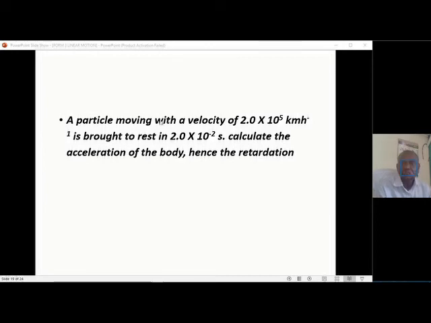A particle moving with a velocity of 2.0 times 10 raised to the power of 5 kilometers per hour is brought to rest in 2.0 times 10 raised to the power of negative 2. Calculate the acceleration. So this is the initial velocity, then it is brought to rest, so final velocity will be 0, and this is the time taken. So calculate the retardation.